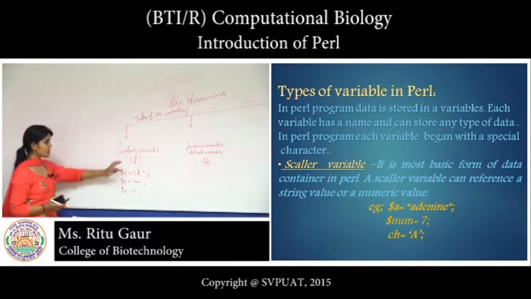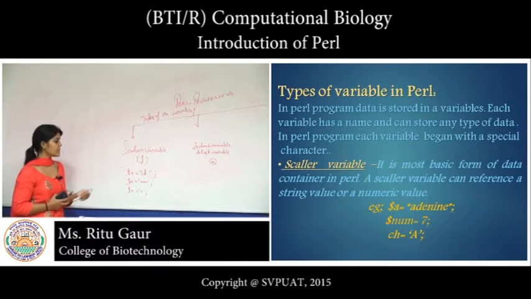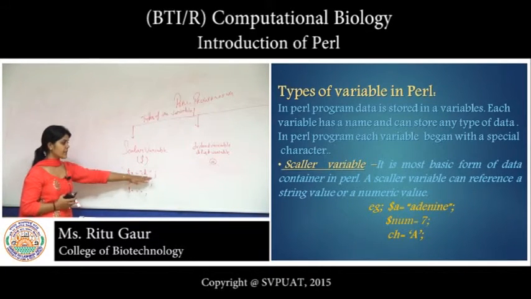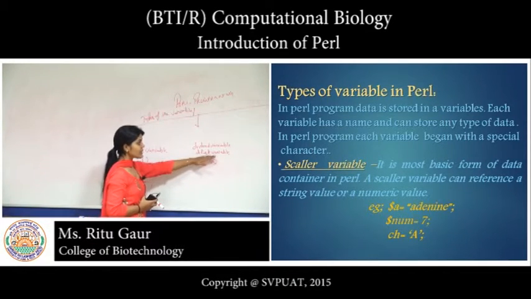The important thing about the scalar variable is that it can store more than one value at a single time. It means $A can store more than 10 numbers, more than 10 alphabets, sequences, anything.